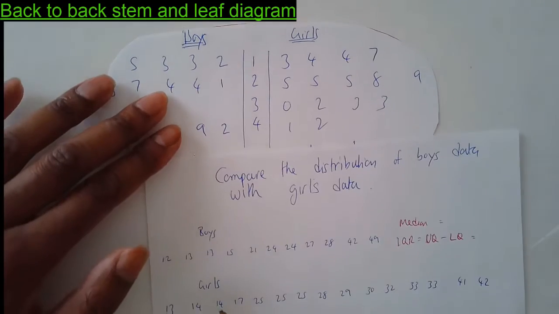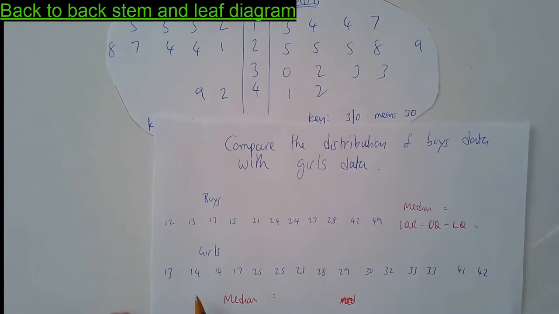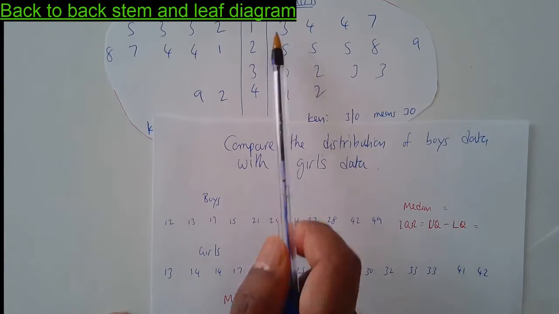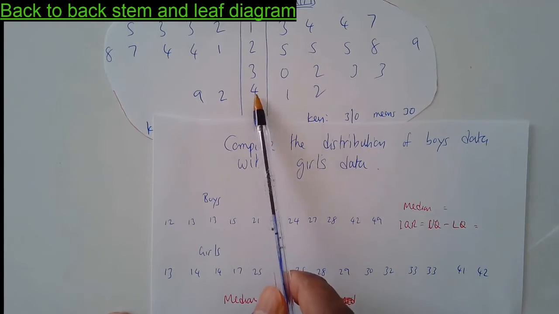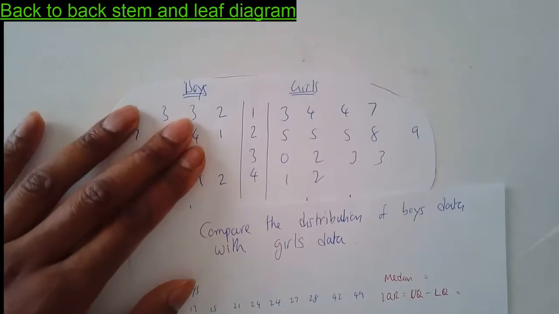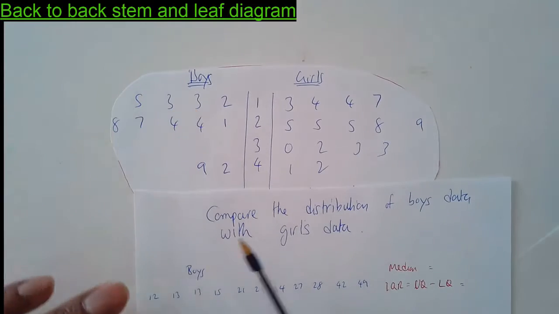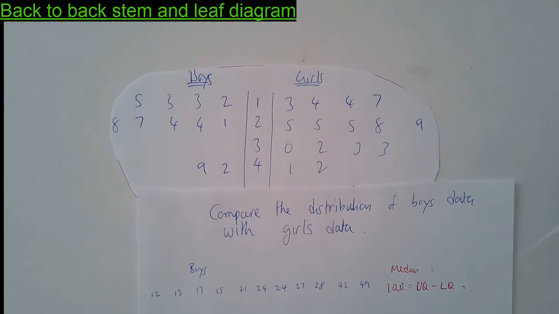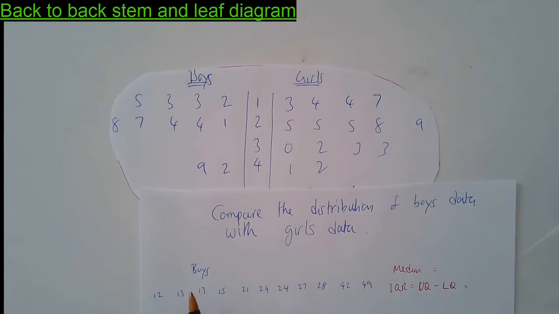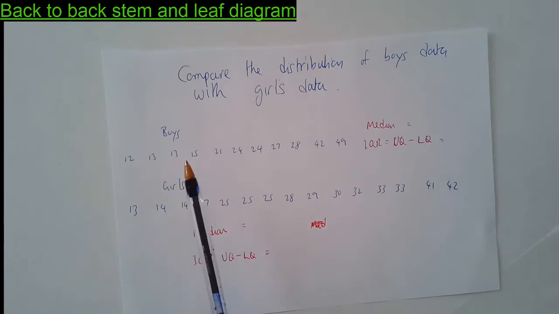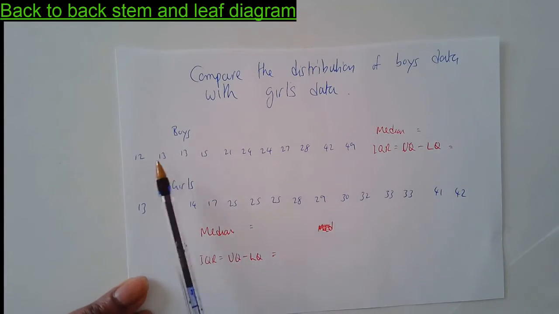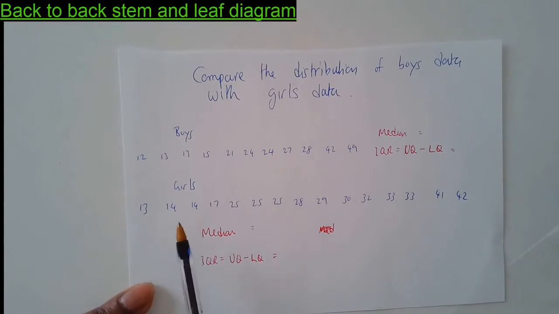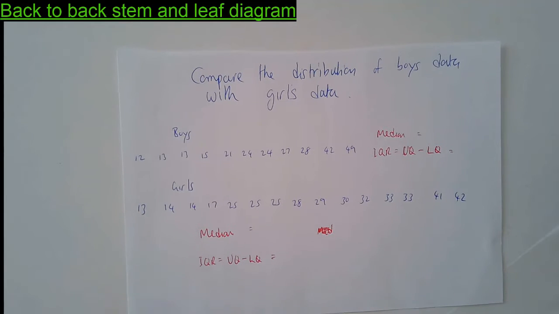And then do the same thing for the girls' data, starting off with 13 and then finishing off at 42. Now to compare the distribution, what I'm going to do is work out the median of this data and the interquartile range, and then do the same thing for the girls, work out the median, interquartile range, and make the comparison that way.